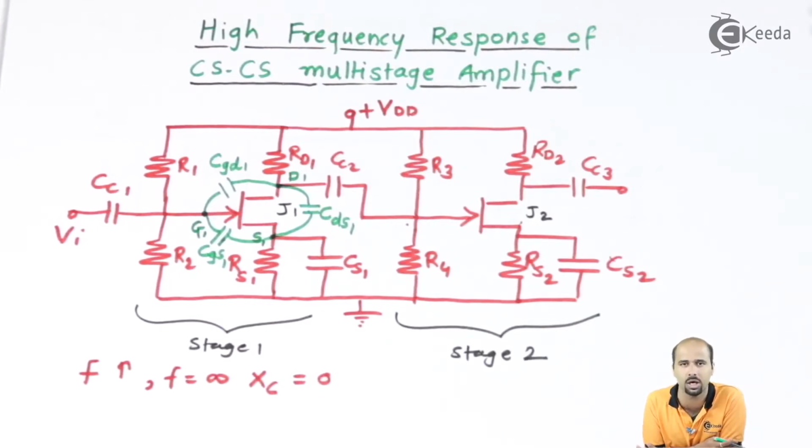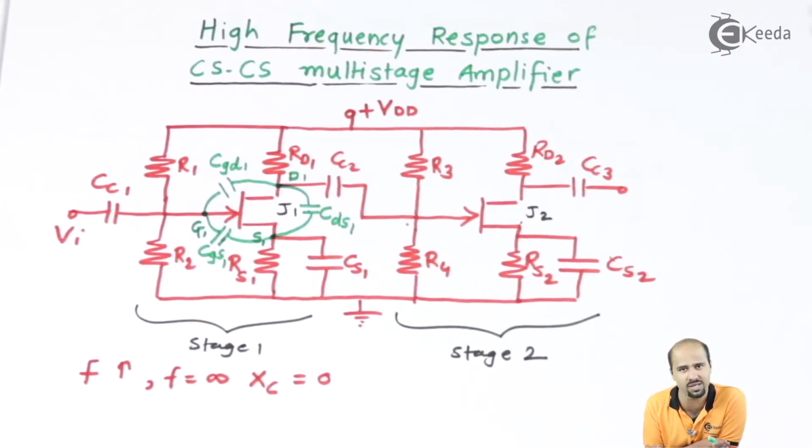Then how will this circuit work as an amplifier? Not at all possible. So I have to decide up to what frequency my circuit will work fairly as an amplifier, to give the perfect voltage gain and perfect output. That's why we want the high frequency analysis.